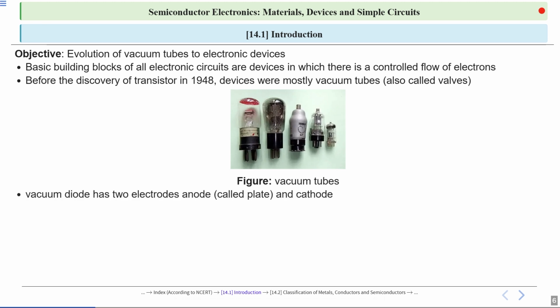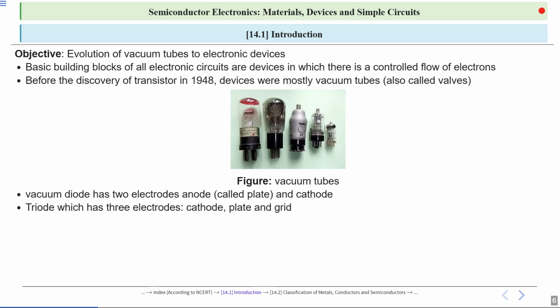A vacuum diode consists of two electrodes, the anode, also called the plate, and the cathode. It operates in a vacuum to prevent current flow in the reverse direction. A triode is a vacuum tube with three electrodes, the cathode, plate, and grid.